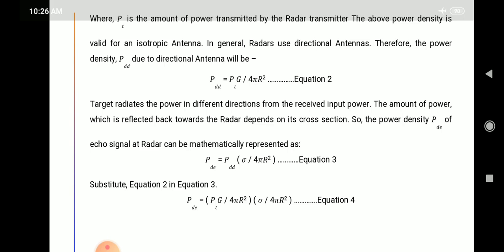Now substitute equation number 2 in equation number 3. Therefore, PDE is equal to PTG upon 4 pi r square into sigma upon 4 pi r square.